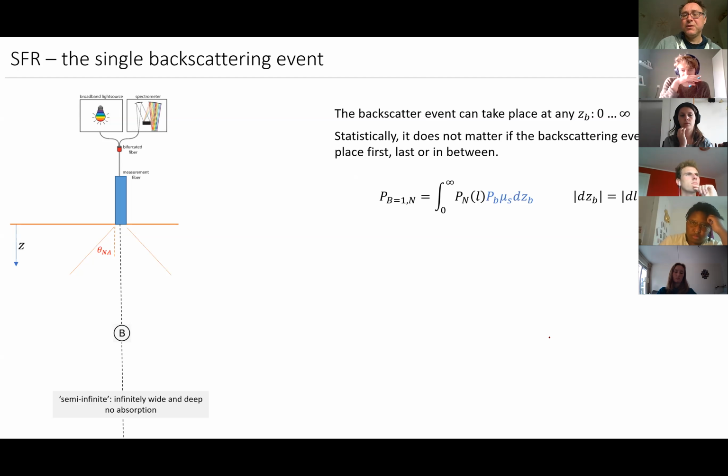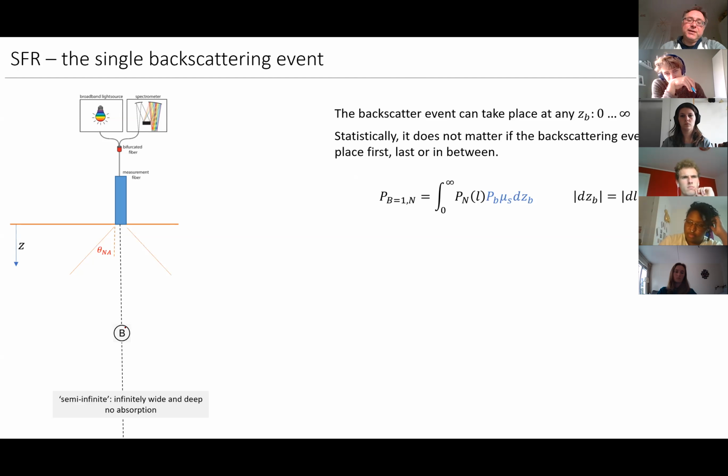That does not matter. So we can really generally just include an extra term here. PB is the probability of backscattering, µs is the probability of this scattering event happening, and that backscatter event again can take place anywhere along this line from 0 to infinity deep.